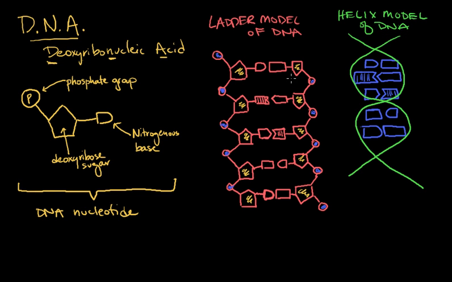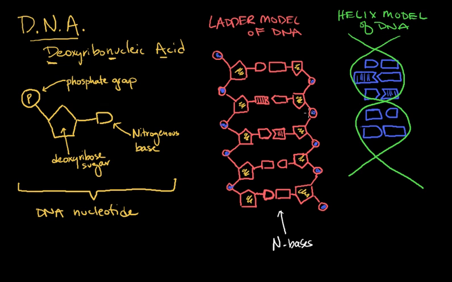And then all of these things in the middle, I guess I should use a different color. Let's use white. These are the nitrogenous bases. And there's something very important about them that we're going to talk about in just a few minutes. This helix model is more of the double helix.